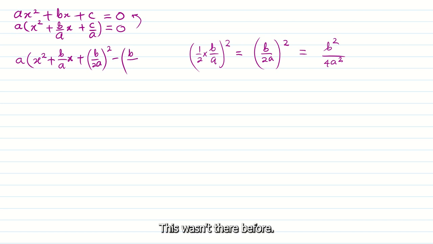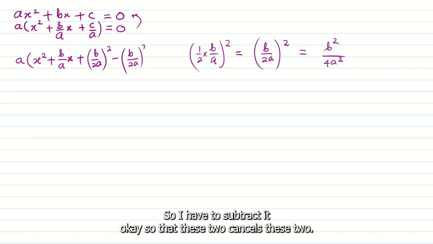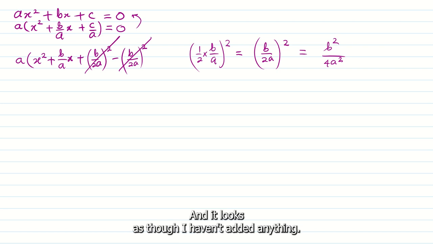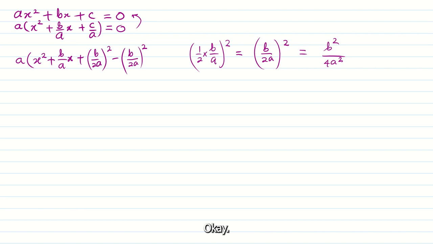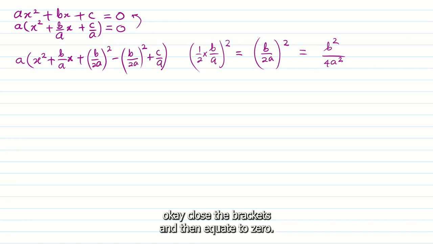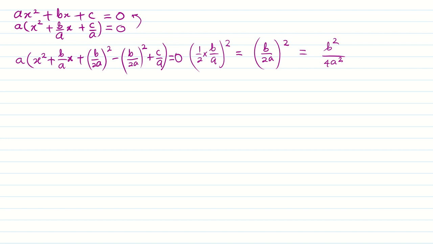It wasn't there before, so I have to subtract it. So that these two cancel, and it looks as though I haven't added anything. Now if that is the case, then I'm back here, and then all I need to do is add c over a, close the brackets, and then equate to 0.